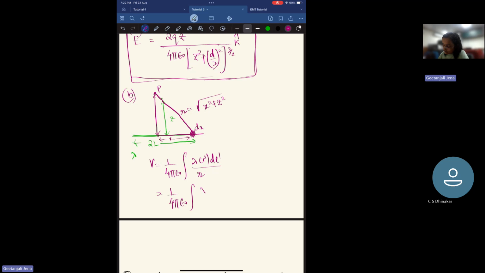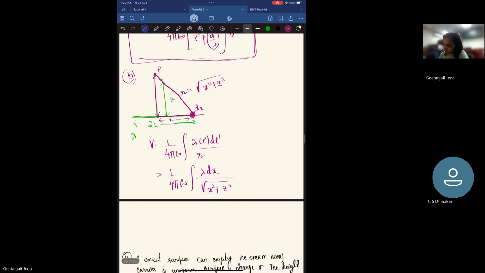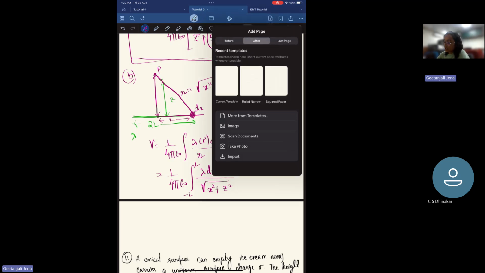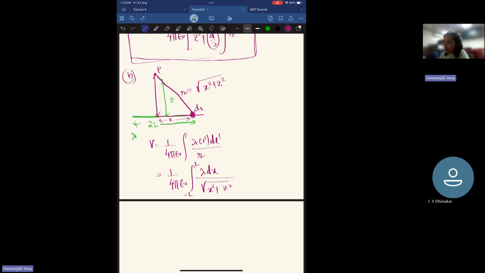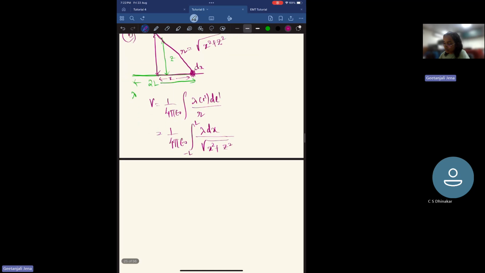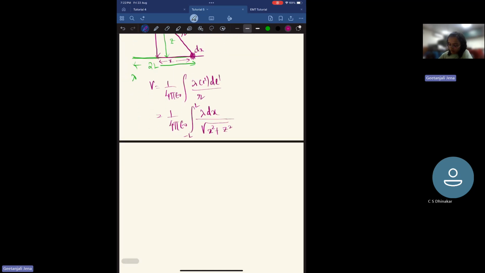Lambda dl is dx, over square root of x square plus z square, from limit minus L to L. So this distance is 2L. You can take 0 to L or you can take minus L to L, whichever, it will give the same result.